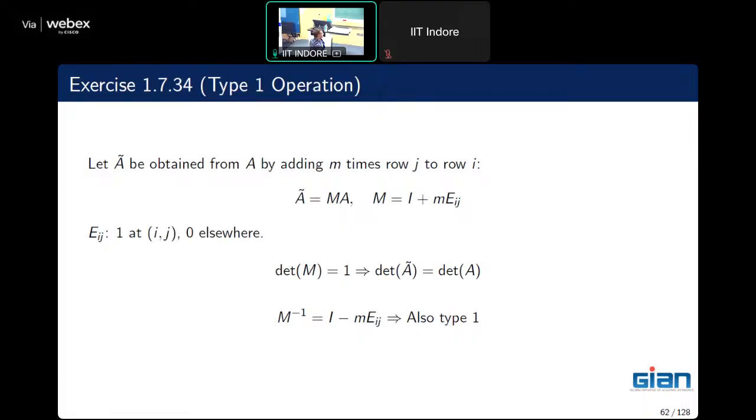The determinant of an elementary matrix is always equal to 1, and the determinant of A tilde and the determinant of A will be the same. So if you are multiplying with the elementary matrix, its determinant won't get changed. It also makes calculating the inverse of the matrix easier: for the inverse of an elementary matrix, you just look at the off diagonal entry, which will be of opposite sign. If it is positive, you make it negative.